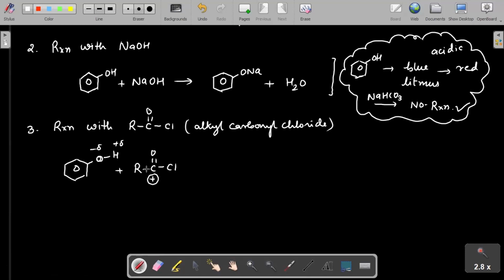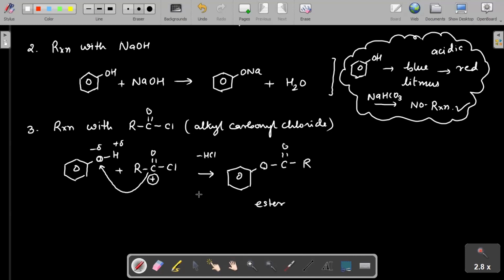So this carbonyl carbon attacks on the oxygen to give us the product, with oxygen getting connected with the carbon, carbon double bond O and R group. So we have here an ester group, C double bond O. Ester is formed, minus HCl.